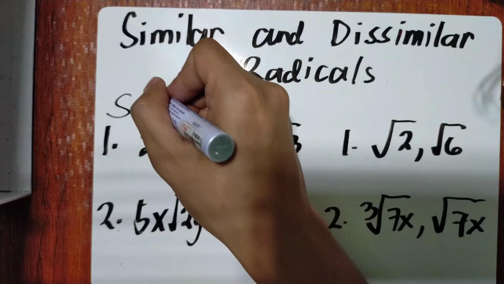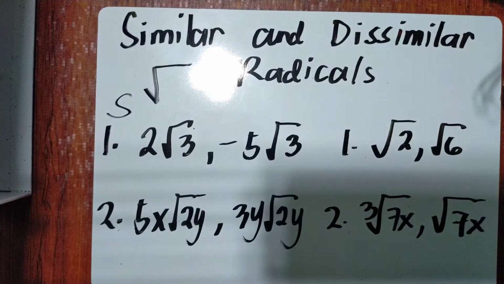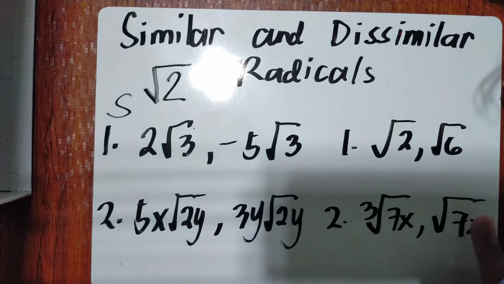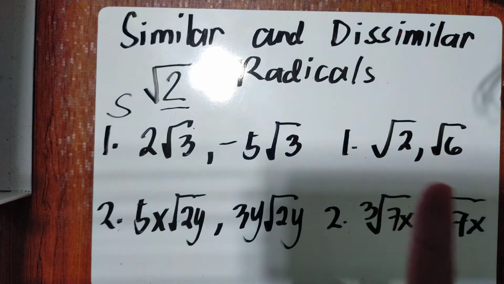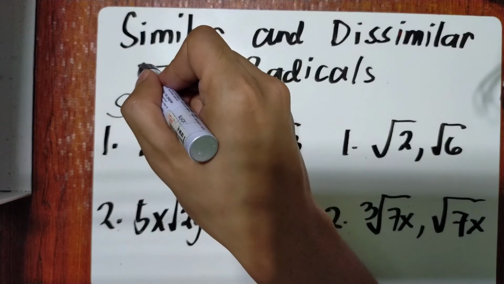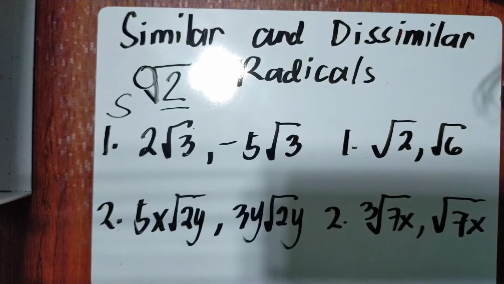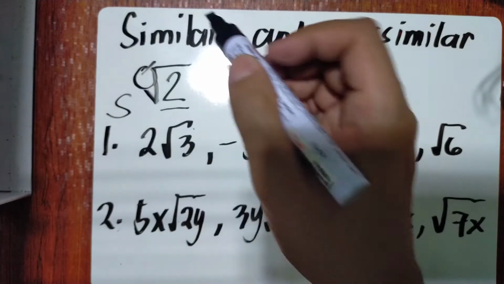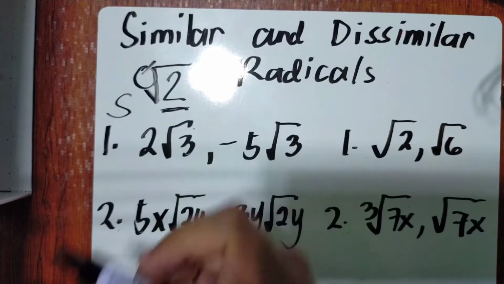For example, we have here square root of 2. Okay? So, ang tawag natin dito sa loob or yung laman ng radical sign is radicand. And dito namang nasa labas is the index. So, para malaman natin if similar sila or hindi, kailangan similar or parehas ng index at ng radicand.